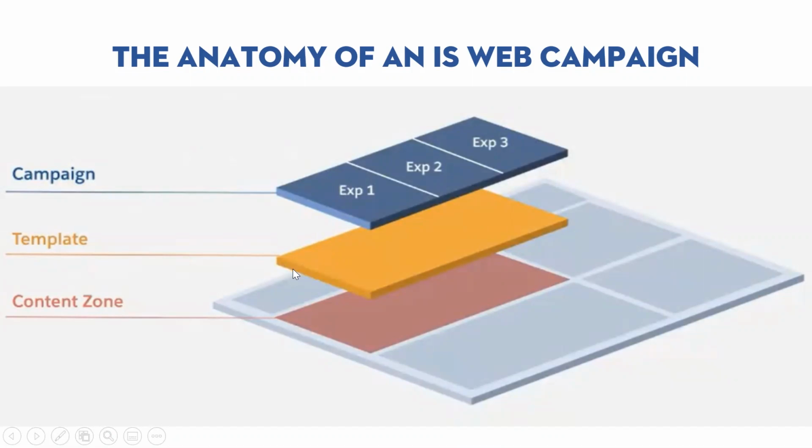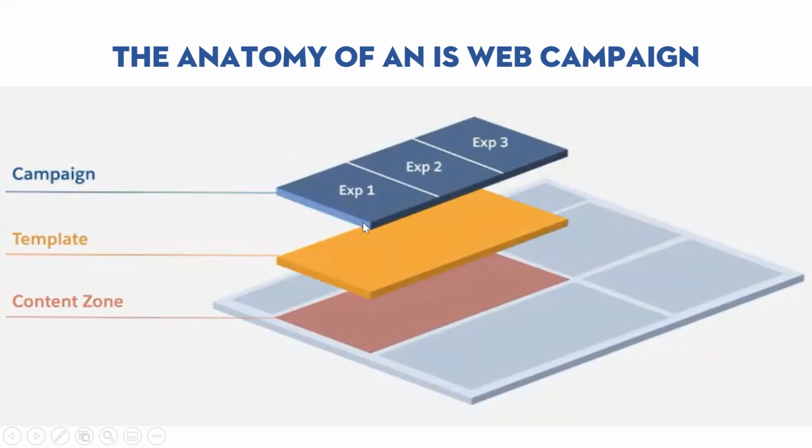This template configuration will be covered on the next slide. The template defines what kind of content should be placed on this content zone, so let's say it sits in the middle between content zone and campaign. Then we have the campaign itself.